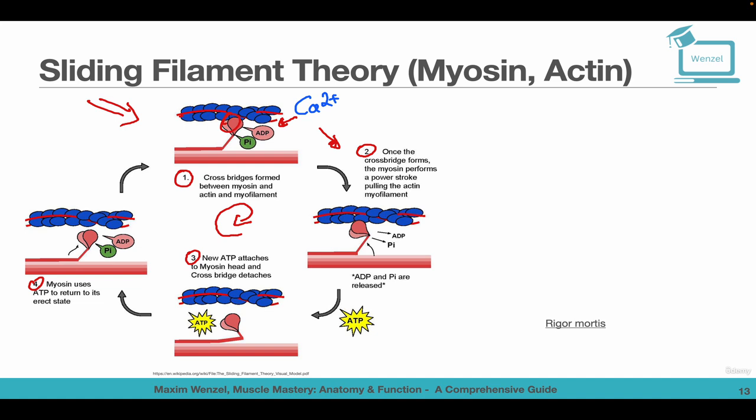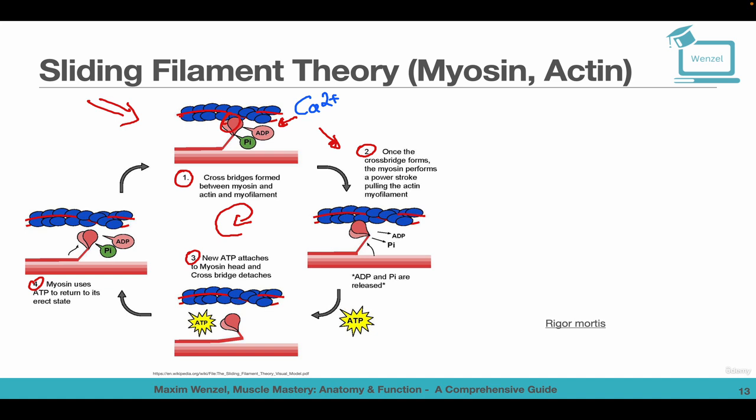And in the second phase, we have the real contraction. It's like the power stroke of myosin, which we will have here. So now comes the real contraction. At first we needed calcium to expose the binding site, to get myosin to connect to actin.